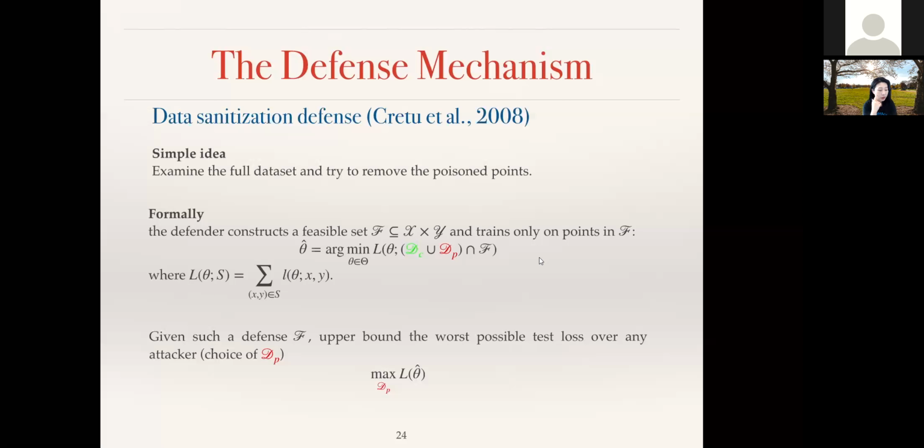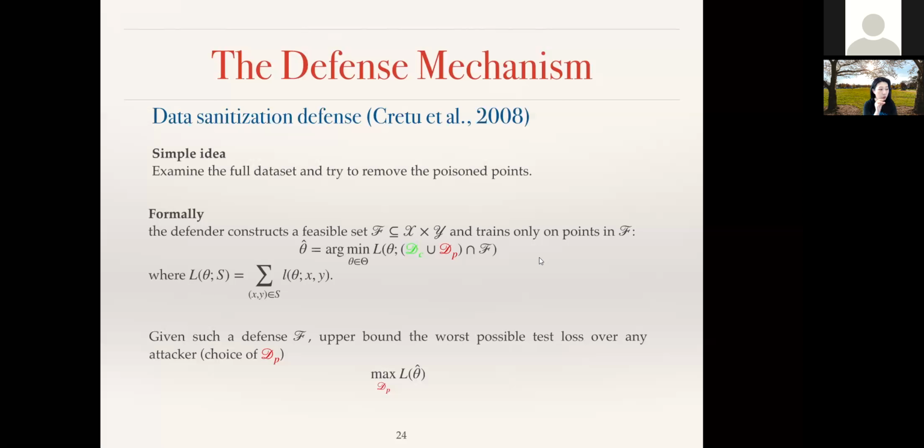Data sanitization is simple, but formally, the defender constructs a feasible set. The feasible set is very, very important. It constructs a feasible set and trains only on points in the feasible set.